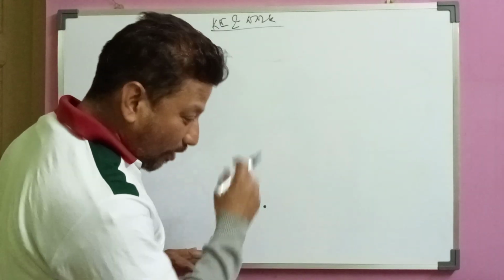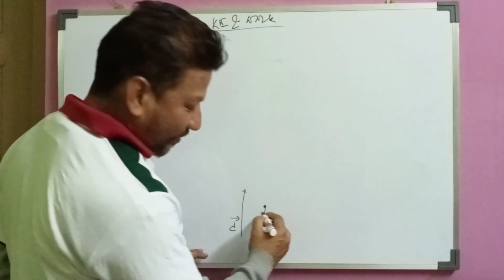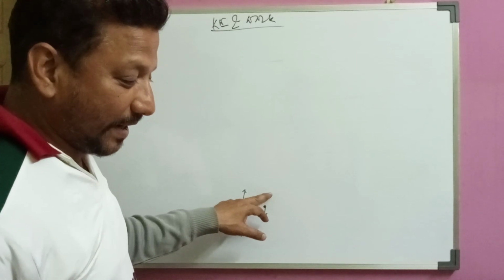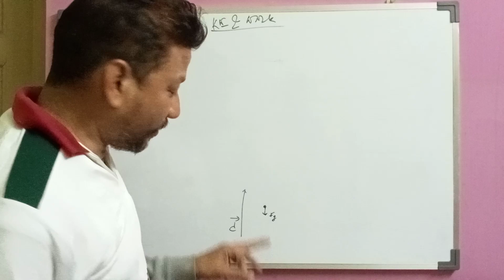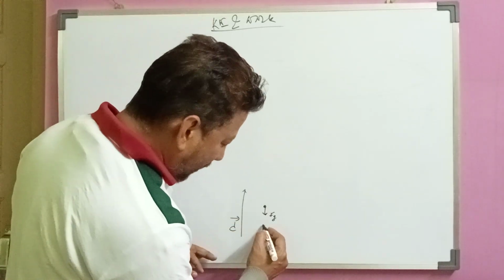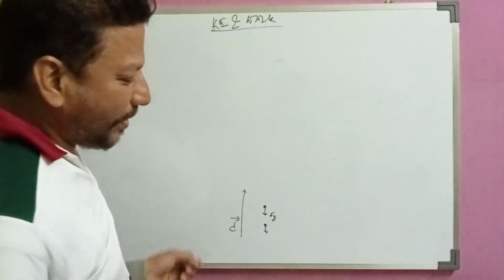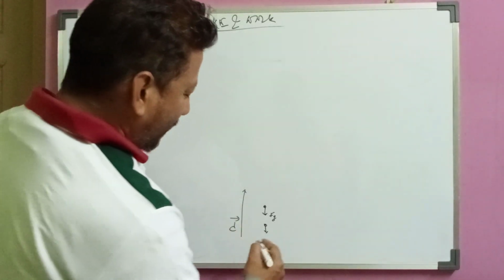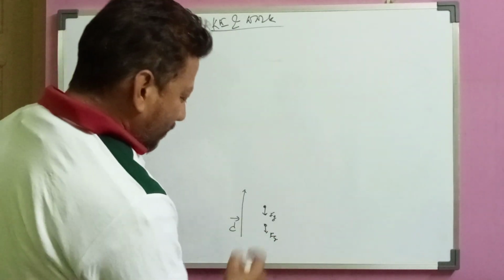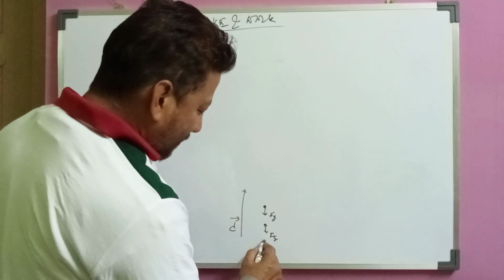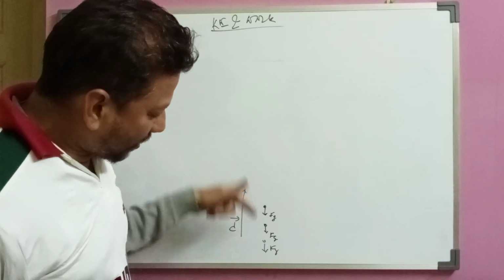So this particle, along with or against this, if it comes this way, the force will work like this, Fg. Now again the particle is coming this way, so again this is along with the Fg. The scenario continues: when the distance is like this, it will become the Fg according to the gravity.